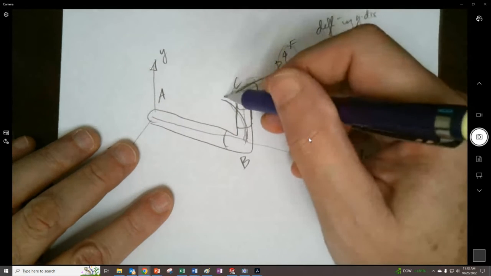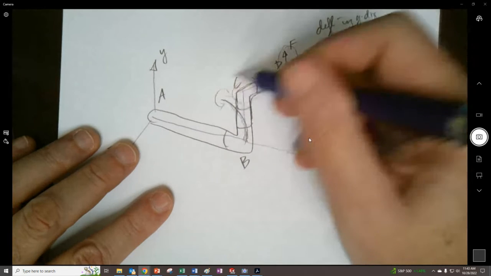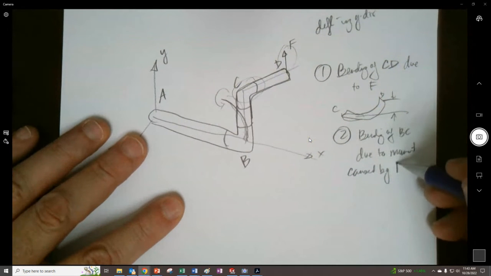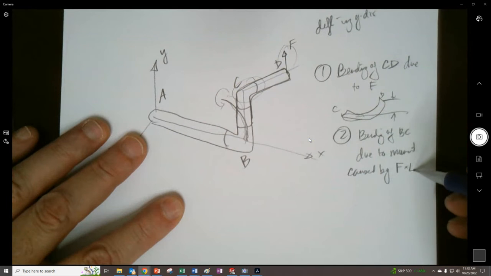This force right here is causing a moment about there, and so caused by F times L CD.